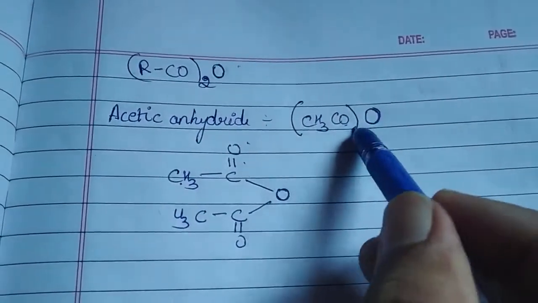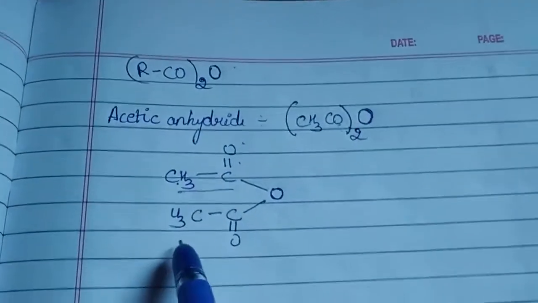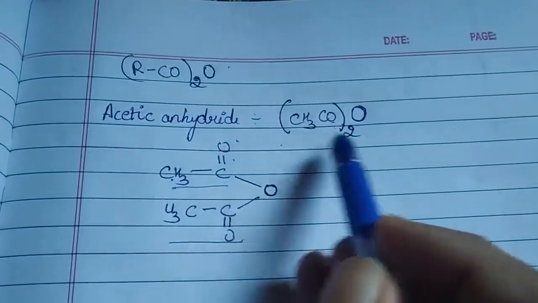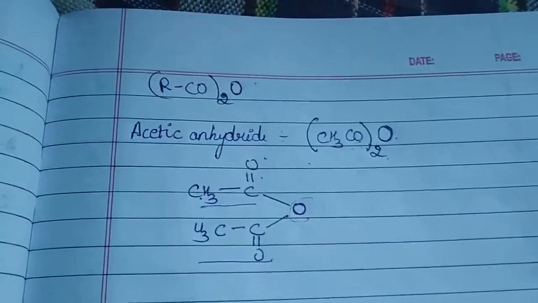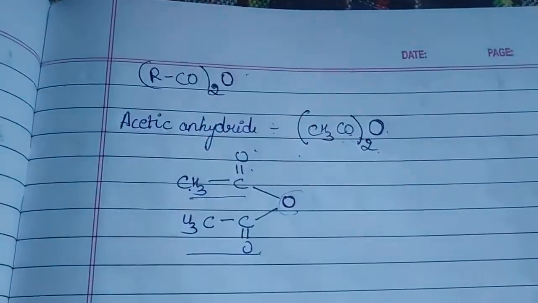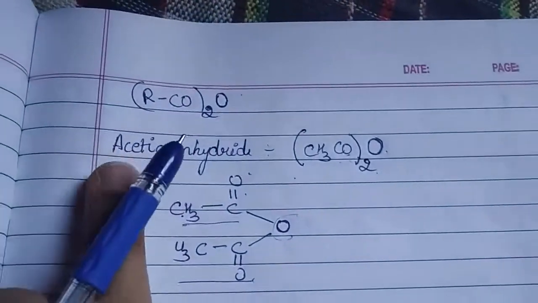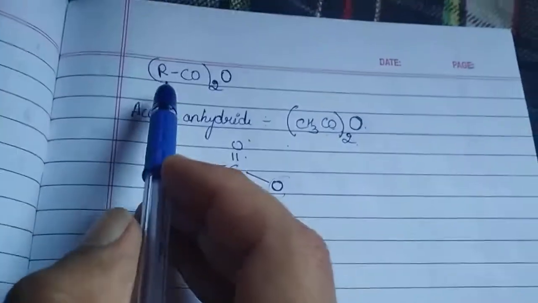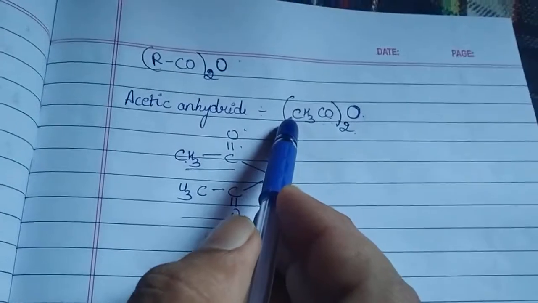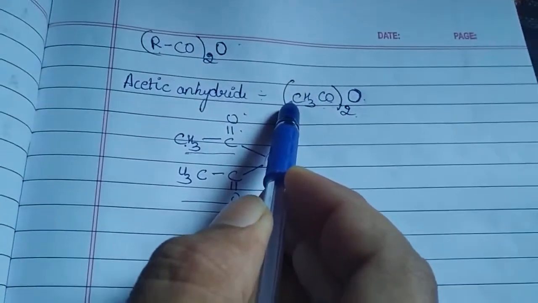That is what we have written here: one CH3CO, another CH3CO. So it is twice, and only one oxygen is written outside. This is the representation of our acid anhydrides. For acetic anhydride, you just have to write CH3CO twice O. So in place of R, you substitute CH3 when writing acetic anhydride.